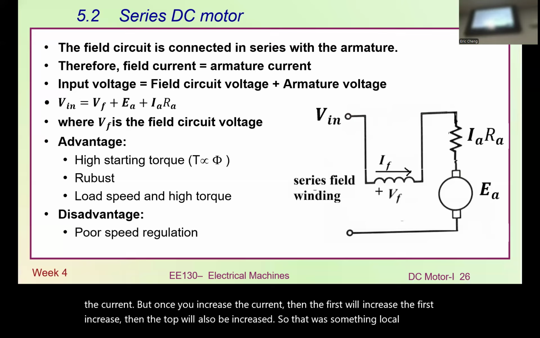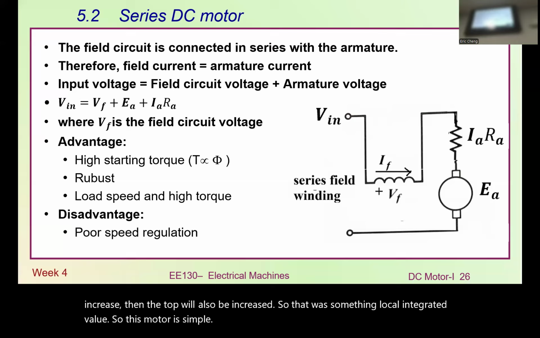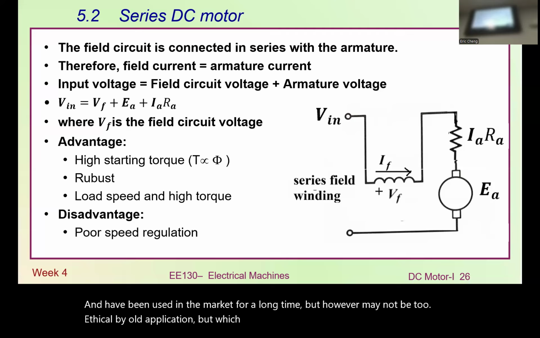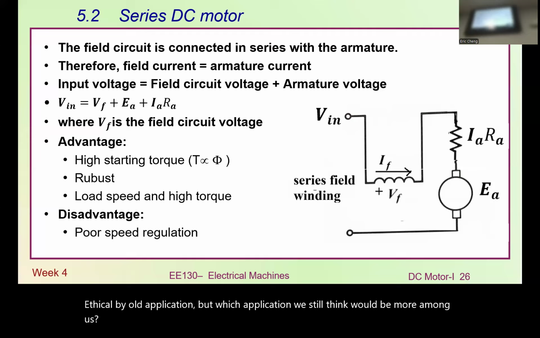So this motor is simple and has been used in the market for a long time, but it may not be applicable to all applications. For which applications do we still think it has an advantage? We mentioned the starting point.